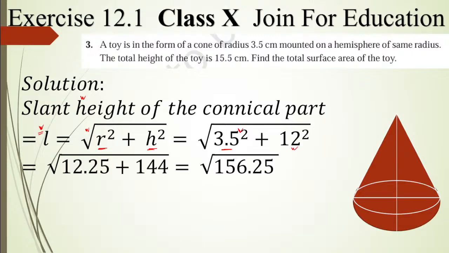After the simple calculation, the square of 3.5 is 12.25, and the square of 12 is 144. After the addition, we get 156.25 under root. So the square root of this is 12.5. So the slant height L of the cone is 12.5 centimeter.